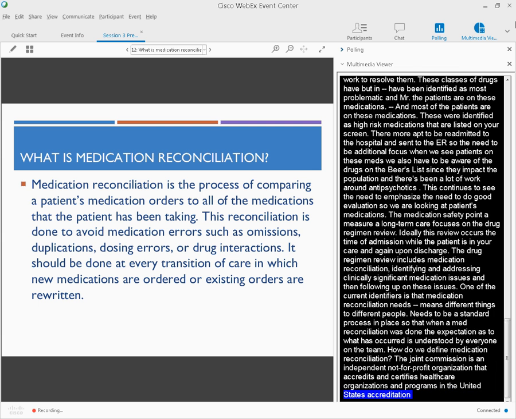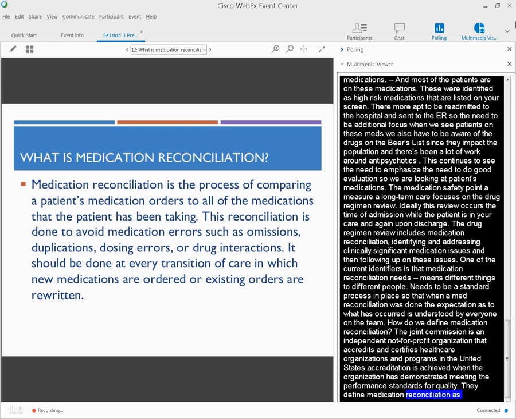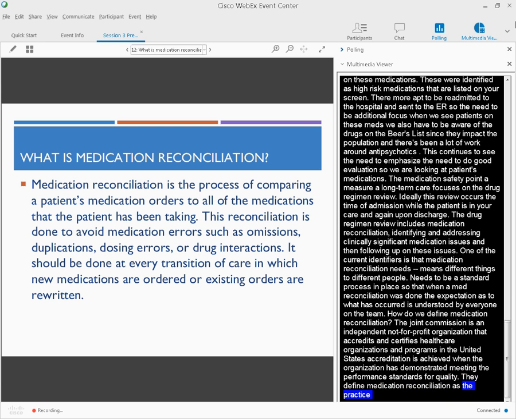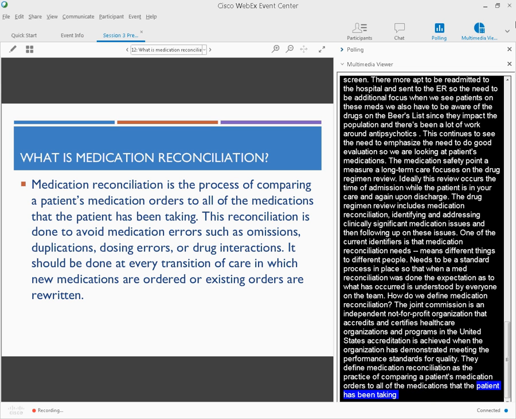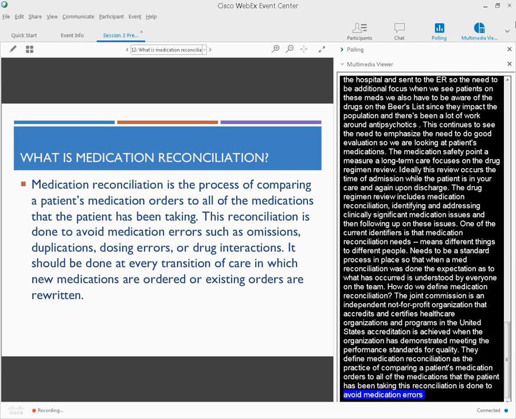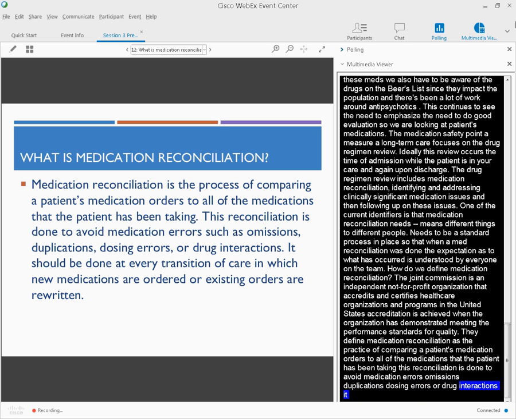They define medication reconciliation as the process of comparing a patient's medication orders to all of the medications that the patient has been taking. This reconciliation is done to avoid medication errors such as omissions, duplications, dosing errors, or drug interactions. It should be done at every transition of care in which new medications are ordered or existing orders are rewritten.